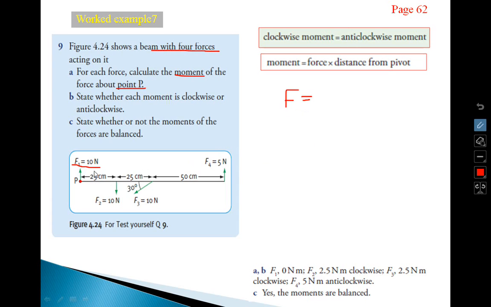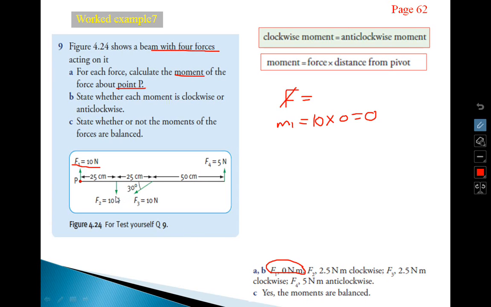The moment is force times distance. M1 is equal to F1, 10 times distance 0. So the moment of it is 0 Newton meter.